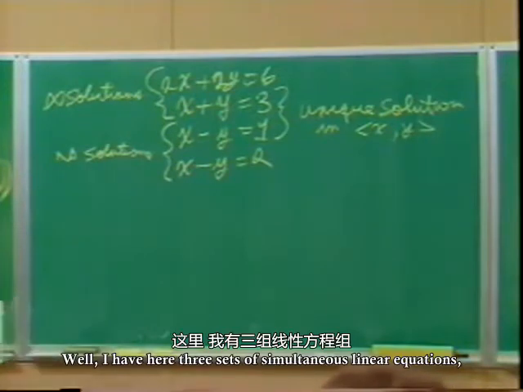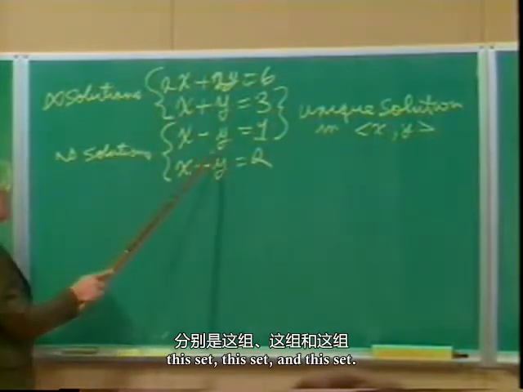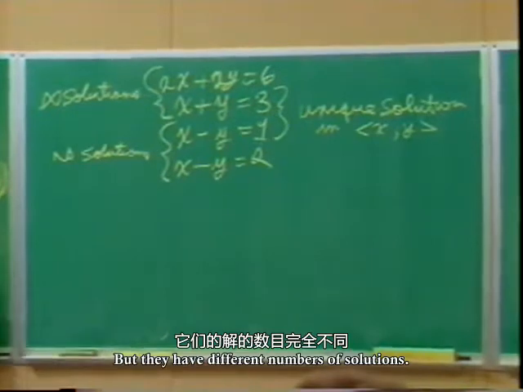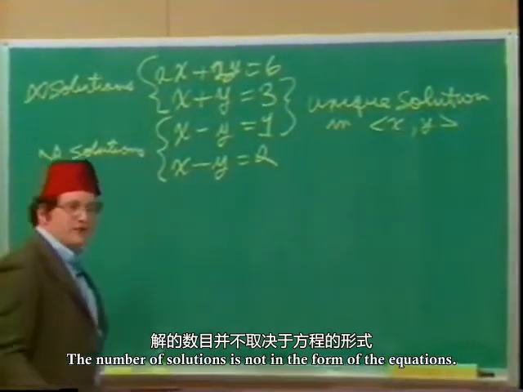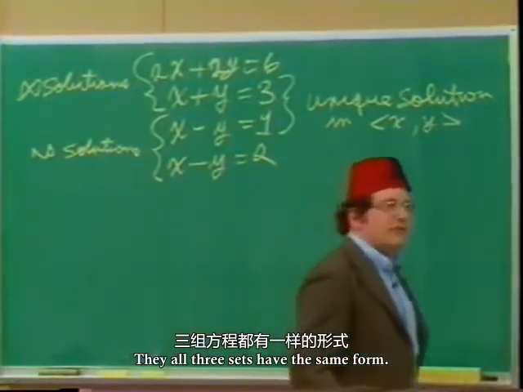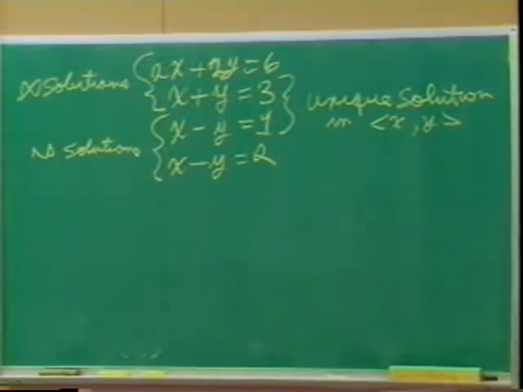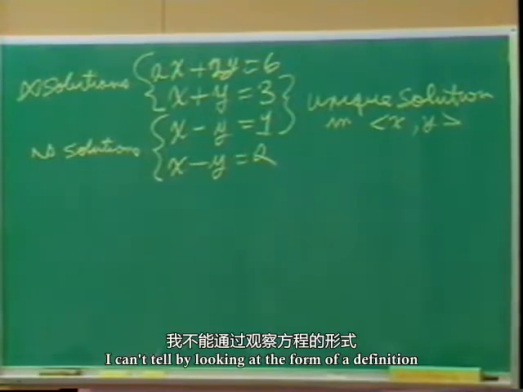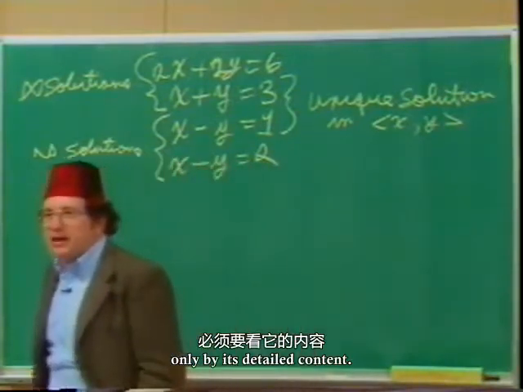Well, I have here three sets of simultaneous linear equations. This set, and this set. And they have different numbers of solutions. The number of solutions is not in the form of the equations. All three sets have the same form. The number of solutions is in the content. I can't tell by looking at the form of a definition whether it makes sense, only by its detailed content.